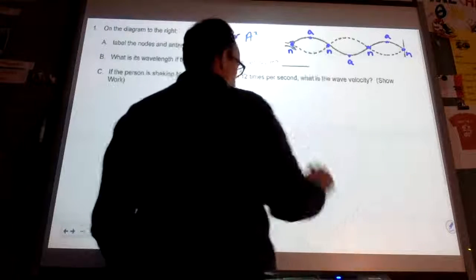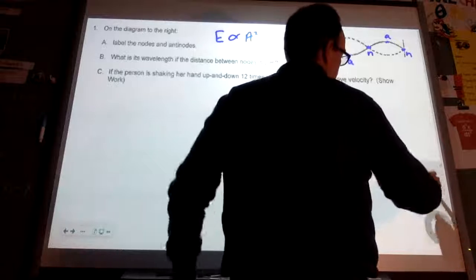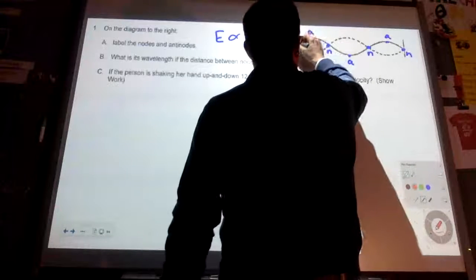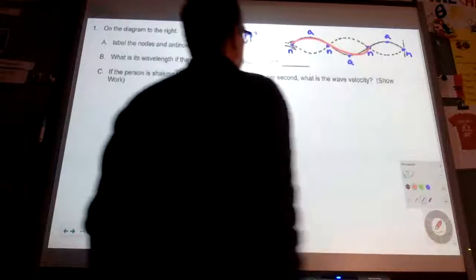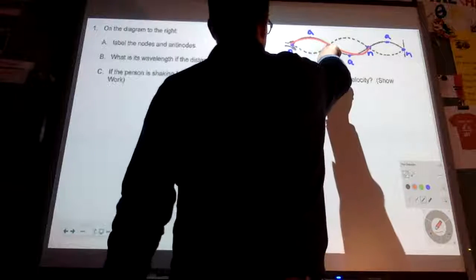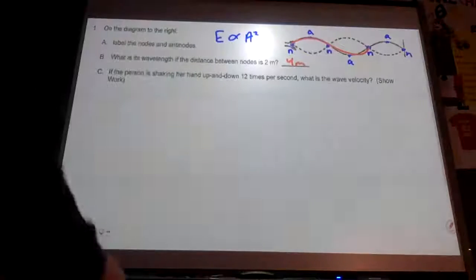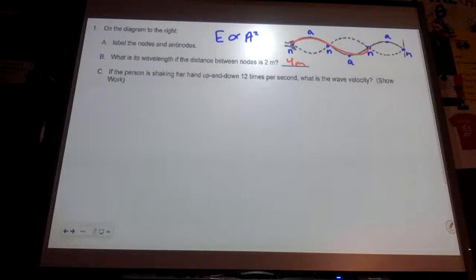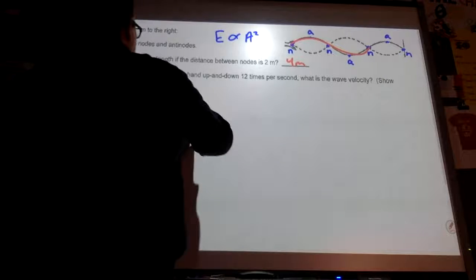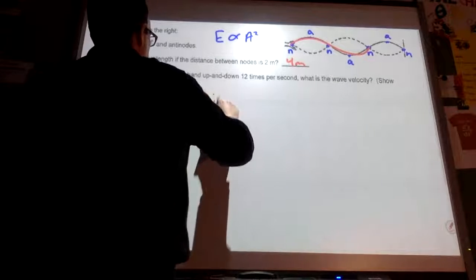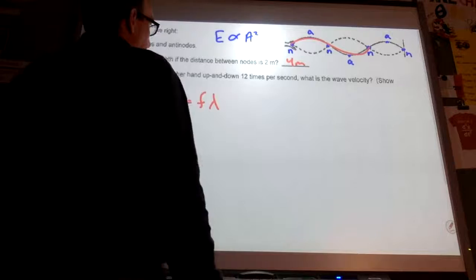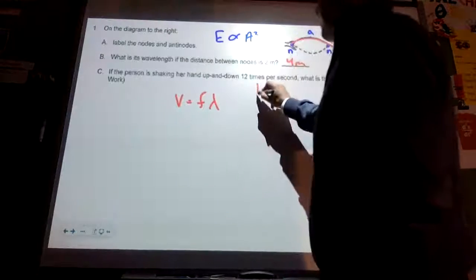What is the wavelength if the distance between nodes is 2 meters? So a wavelength would be, let me switch colors, that would be a wavelength, and I'm saying that it's 2 meters, and then 2 meters, it would be 4 meters. If the person is shaking their hand up and down 12 times per second, what is the wave velocity? Velocity is going to be equal to frequency times lambda.